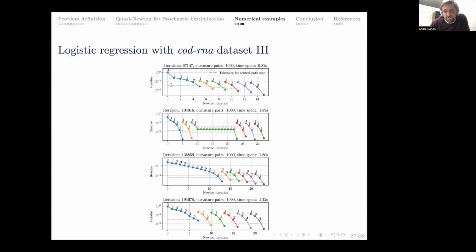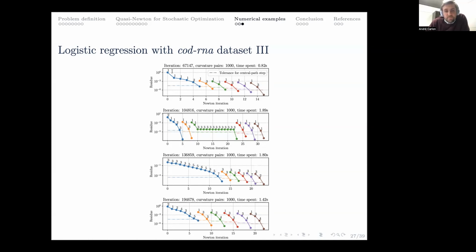I have the tolerance in dashed line. I start taking Newton steps. After 5 Newton steps I reach tau, so I decrease beta. As I decrease beta, my residual grows a bit, but then I continue until I reach the final point where I hope my Hessian is good enough, with a very small beta, so a very small bias from the log barrier terms, if you don't remember.